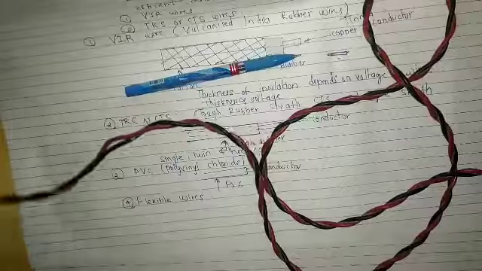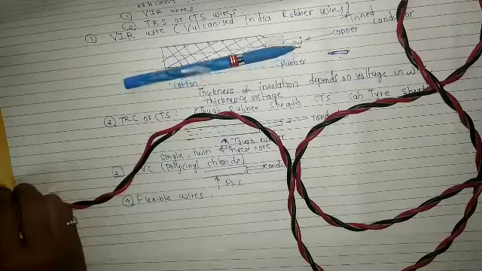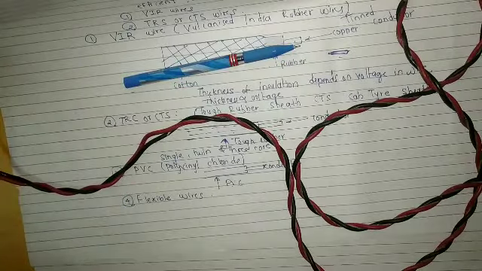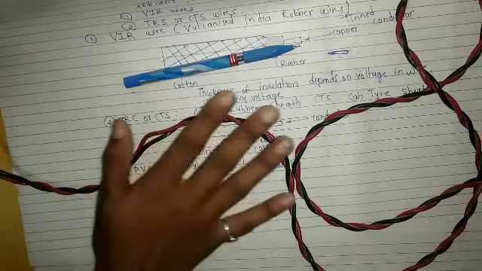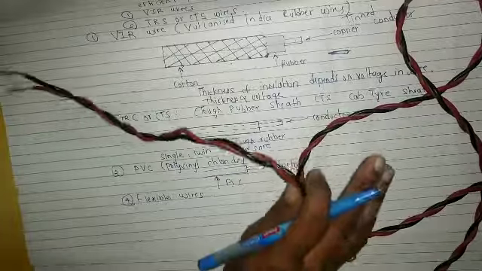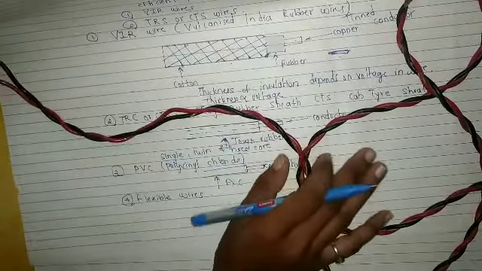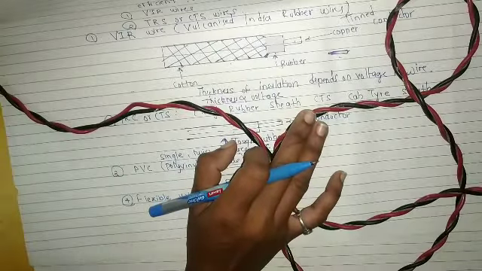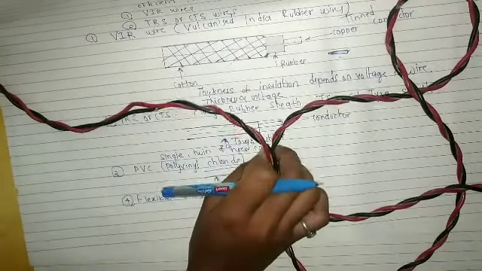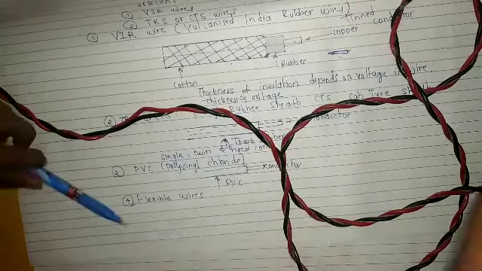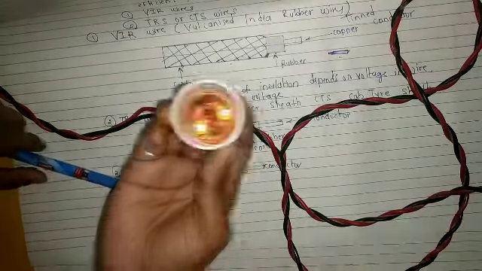Braiding of artificial silk or cotton is provided over these twisted twin flexible wires. They are used to supply portable domestic appliances, that means our household appliances. We can give the supply using these wires. And they are also used for pendant holders. You know what pendant holders are? These are the pendant holders.